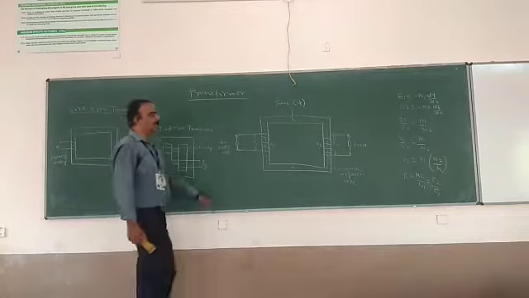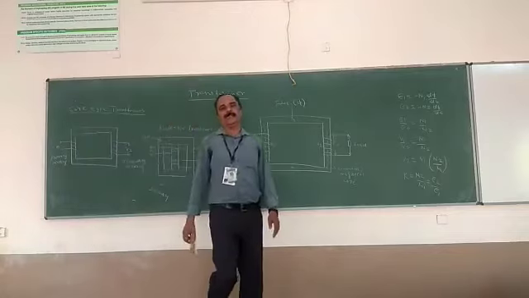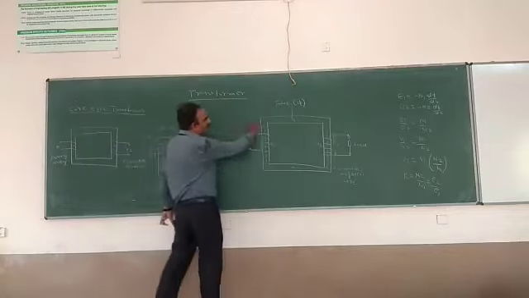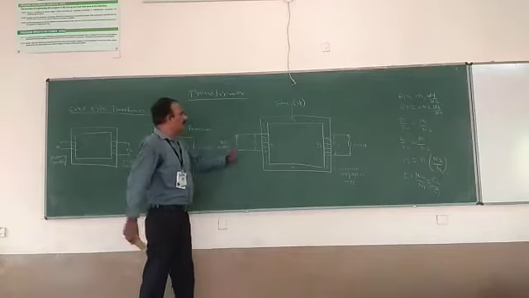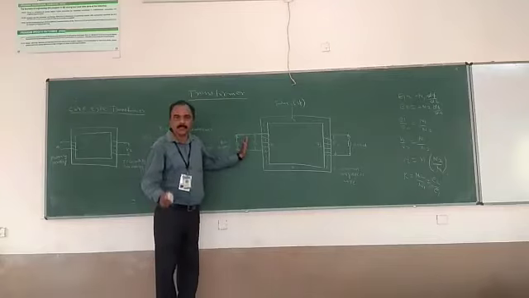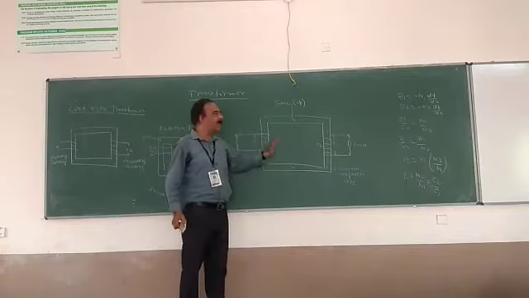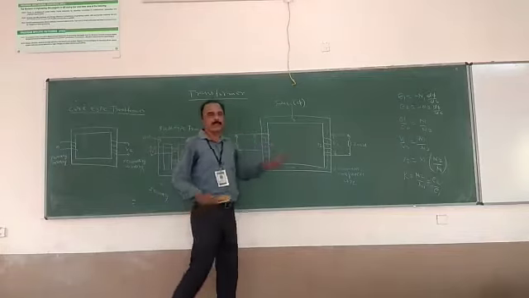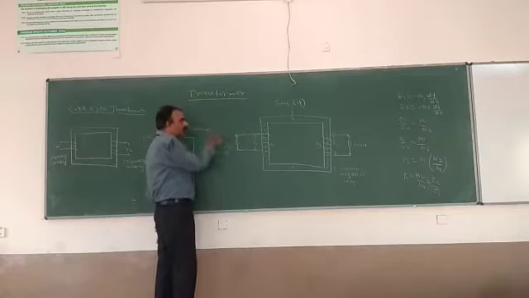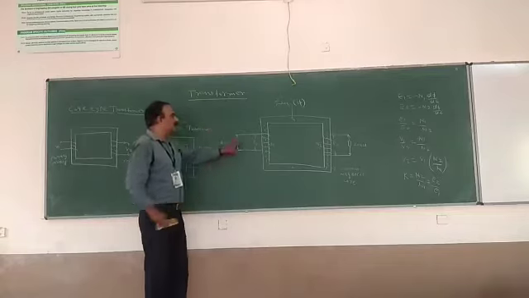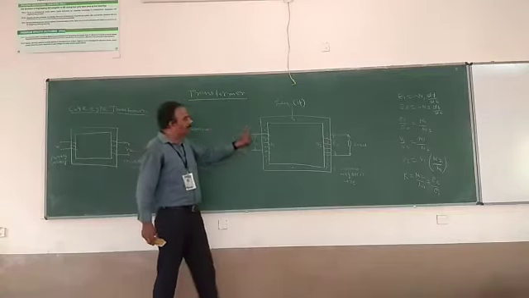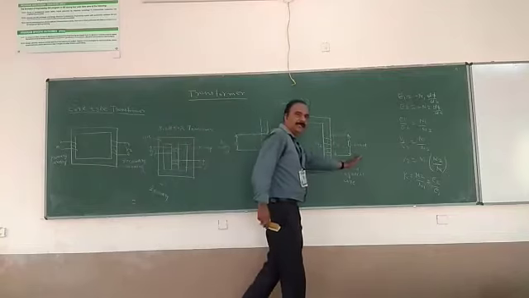Okay, let us see the construction of the transformer. This is a simple construction of the transformer. It consists of two electrical circuits. These electrical circuits are isolated and they are linked with a common magnetic circuit. The side where the source electrical energy is fed is called the primary winding, and the side from which the electrical energy is taken is called the secondary winding.